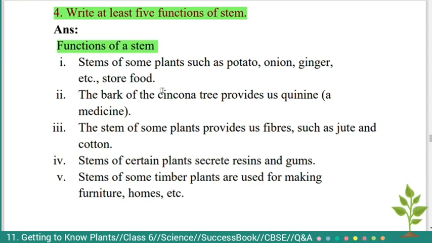Third, the stem of some plants provide us fibers such as jute and cotton. Fourth, stems of certain plants secrete resins and gums. Fifth, stems of some timber plants are used for making furniture, homes, etc.